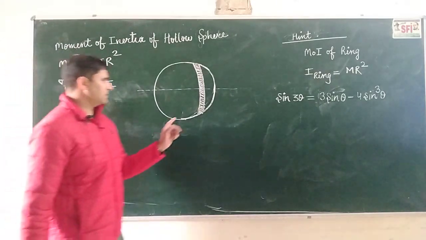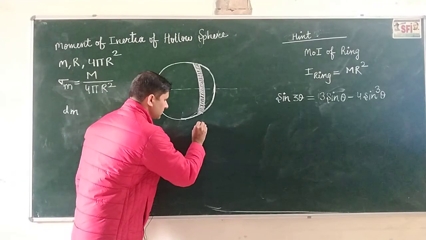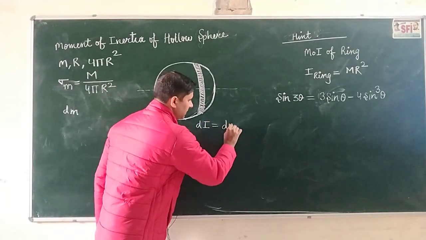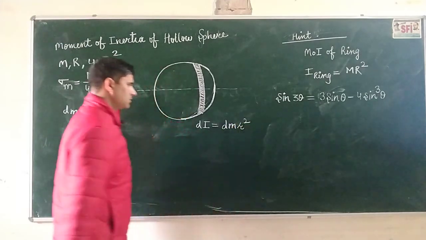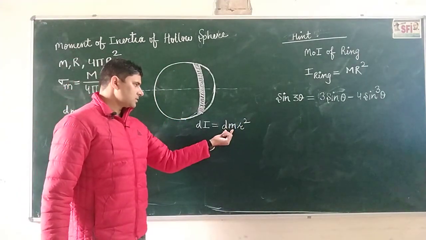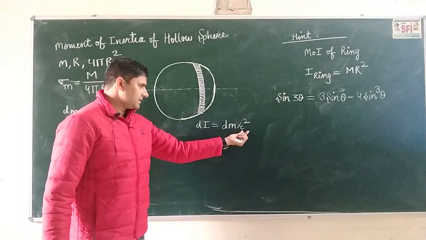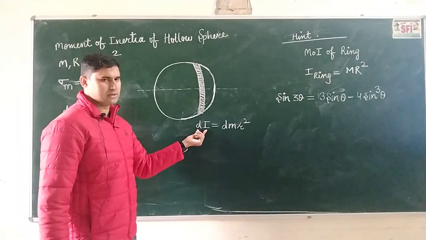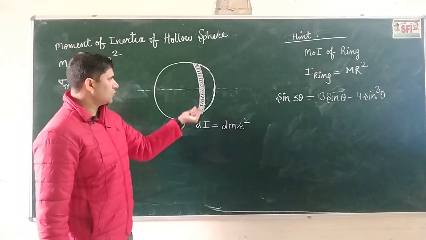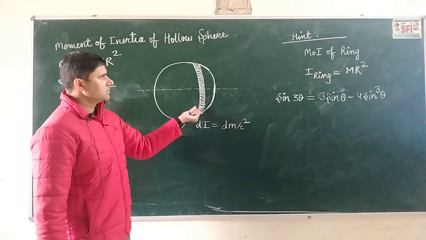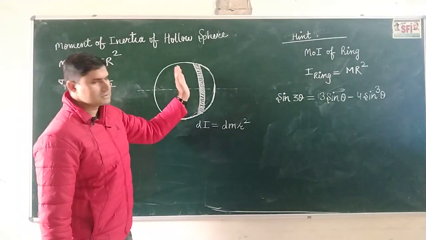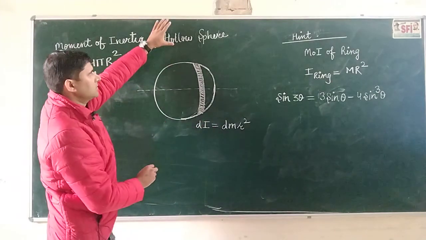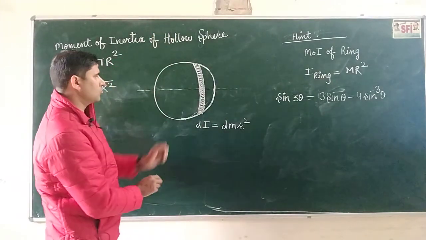And the moment of inertia of this elementary ring, that is dI, will be dm into r square. So if we know the radius and mass of this elementary ring, then we can find the moment of inertia of this elementary strip whose shape is a ring. Okay. And if we integrate this, then we can find the moment of inertia of the hollow sphere.